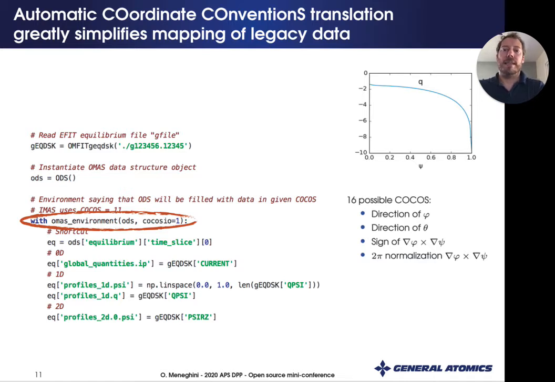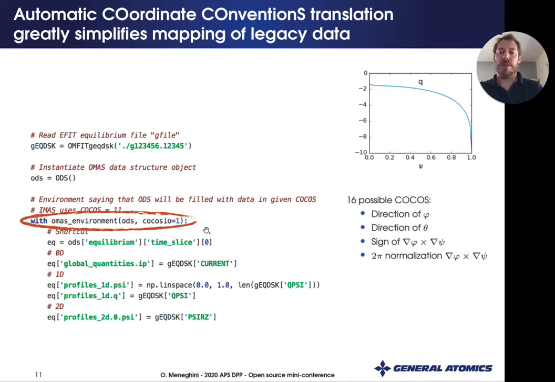OMAS does automatic coordinate convention translation, which greatly simplifies mapping of legacy data. For people who are not familiar with it, one can define 16 possible combinations of the direction of the toroidal angle, poloidal angle, the sign of grad psi and grad phi, and also the normalization of the poloidal field.